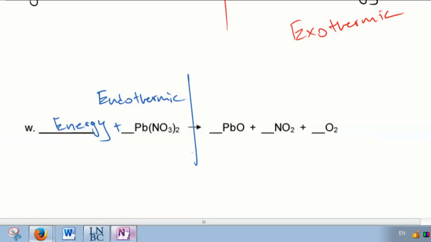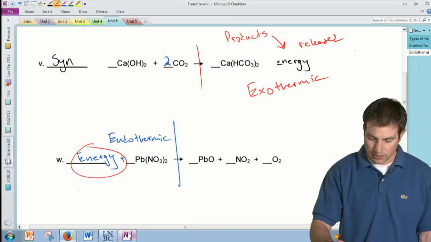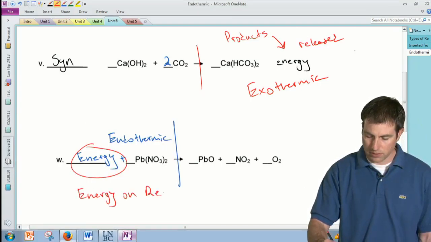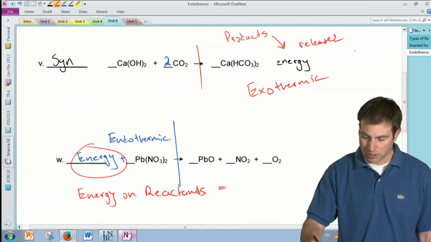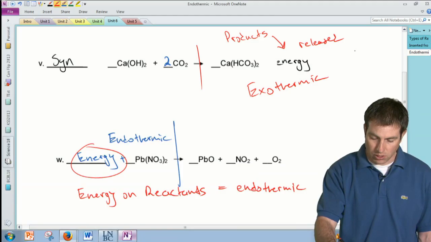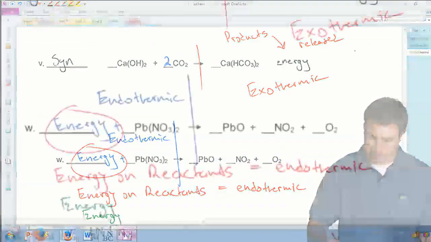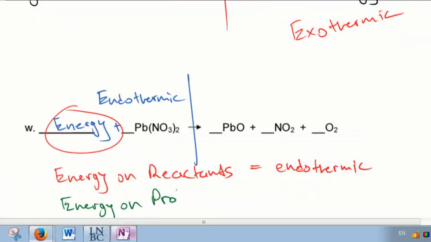So if you have your energy on the reactant side, this is endothermic. If you have energy on your product side, that is exothermic.